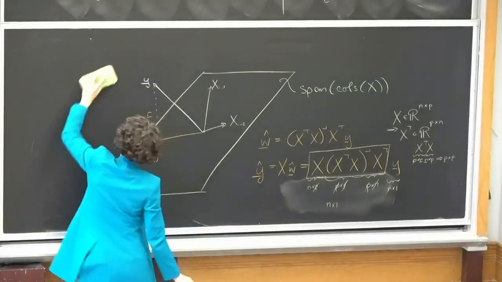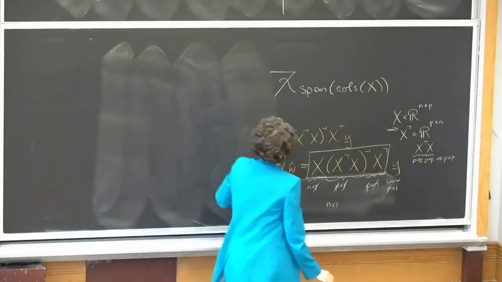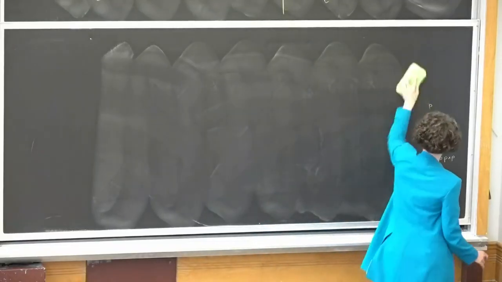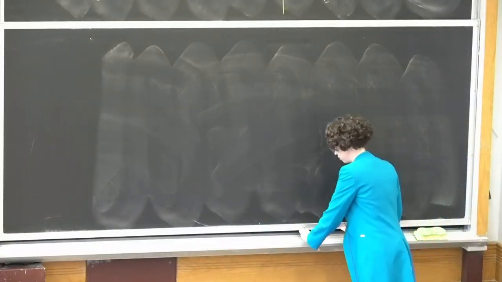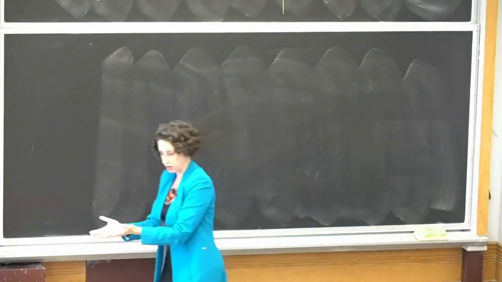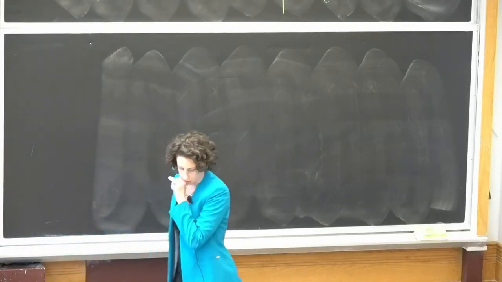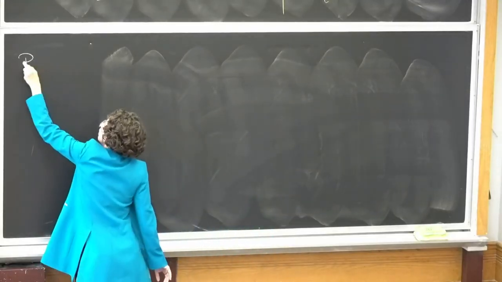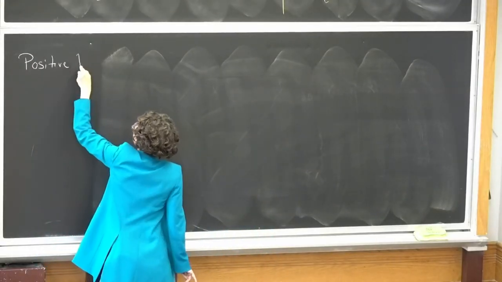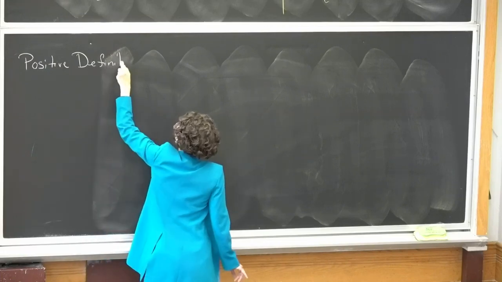Recall that when we were talking about finding the minimum of a function back in calculus, we would take the derivative and set it equal to 0, but that depended on the function being convex, or kind of bowl-shaped. Otherwise, we would risk finding, say, a maximum or some other point that is not the minimum we seek. And so now what we want to do is to think about what's the analog of that concept in this vector setting that we are in now. In particular, we're going to talk about positive definite matrices.